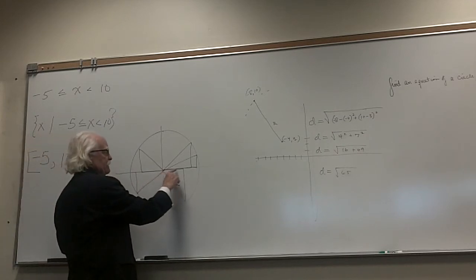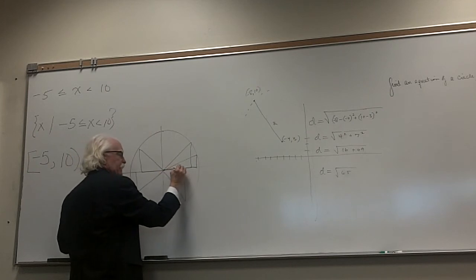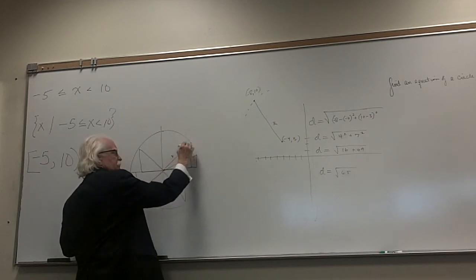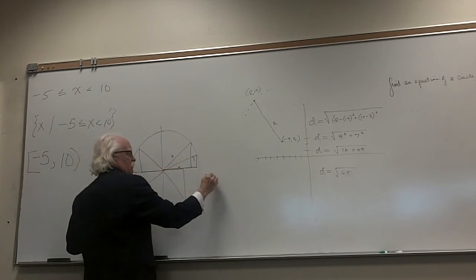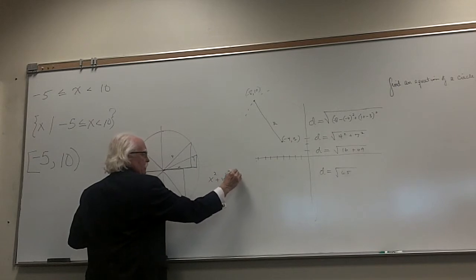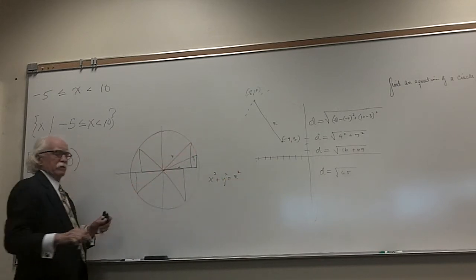Instead of calling it a squared plus b squared is equal to c squared, we call this x, we call this y. That's the radius of the circle. So x squared plus y squared is equal to r squared.